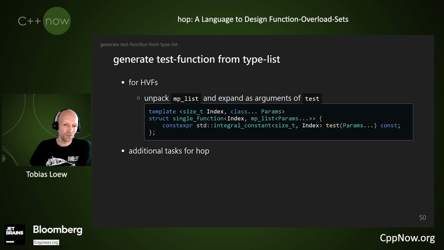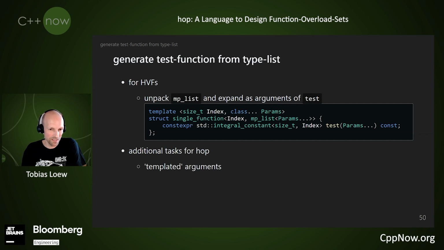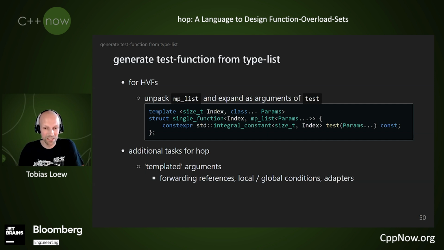For the hop library, we have additional tasks here. Of course, we also get a list of types which we expand into the test function, but we also have to take care of templated arguments, which means we have to check for forwarding reference, where we have to generate a forwarding type.